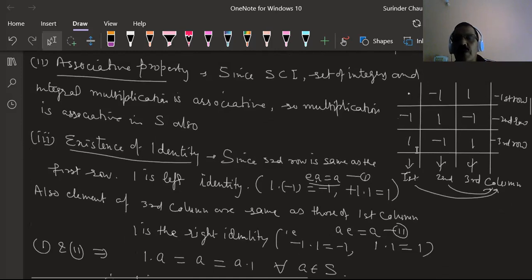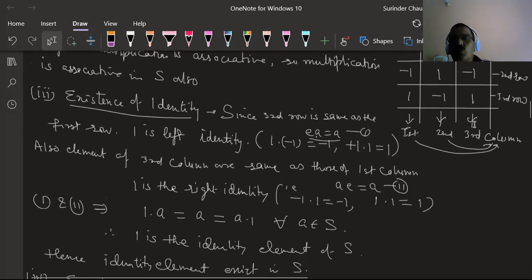Therefore, this element will act as a left identity element for this algebraic system. And now, the elements of the second column are the same as those of the first column: minus 1, 1, 1. The elements of the third column are the same as the first column. This implies this one will act as a right identity element of S.